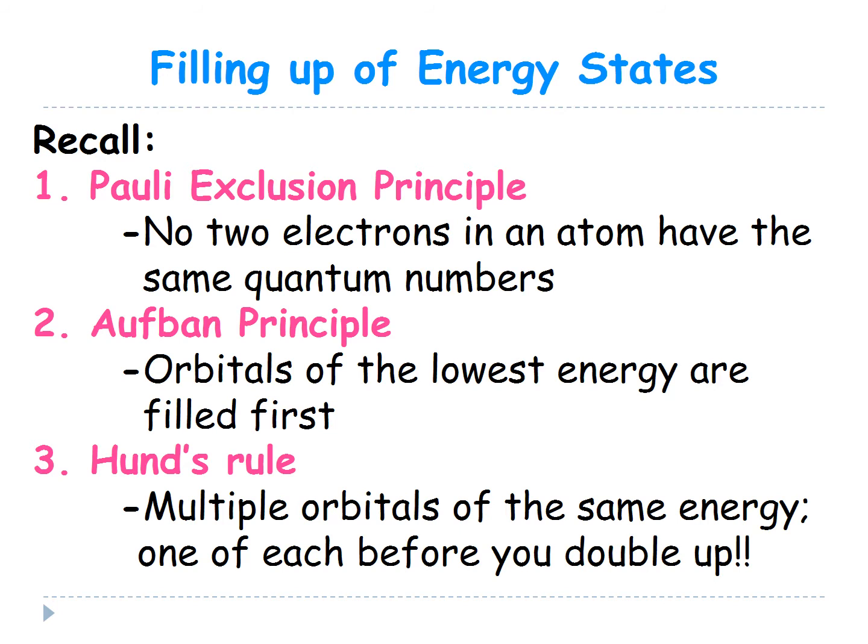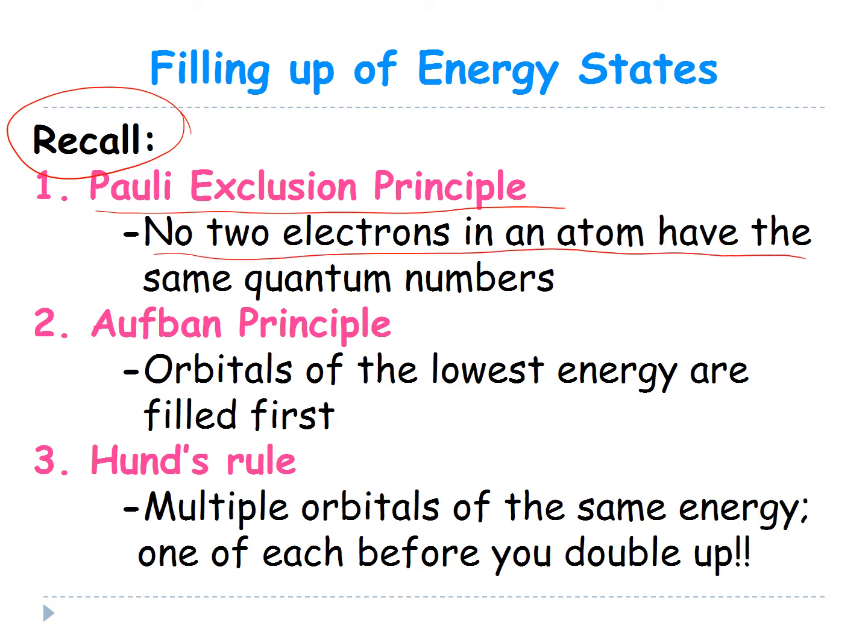Now, before we get deeper into the formation of bands, it's very important to recall how we fill up energy states in an isolated atom. When we do that, we usually consider three things. First, the Pauli exclusion principle. What this principle states is that no two electrons in an atom can have the same set of quantum numbers. They can have everything else the same, but they should at least have different spins.